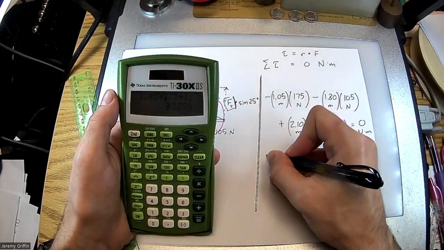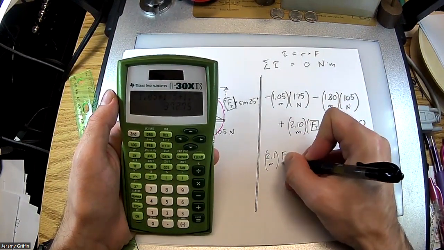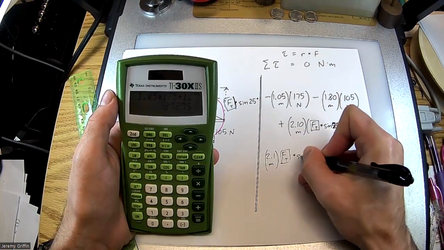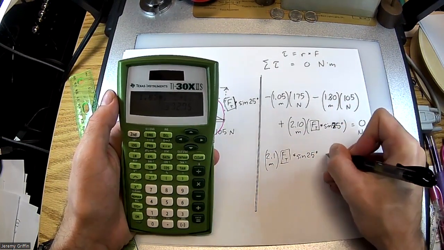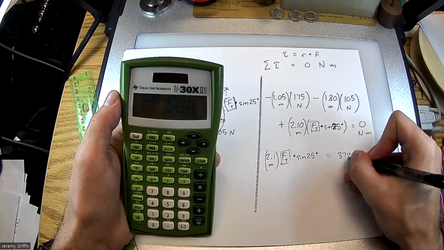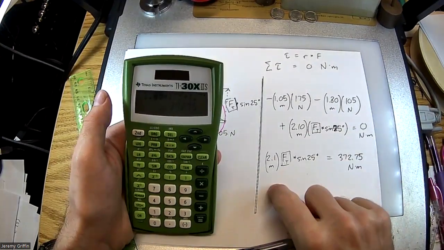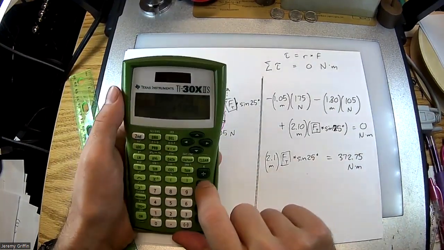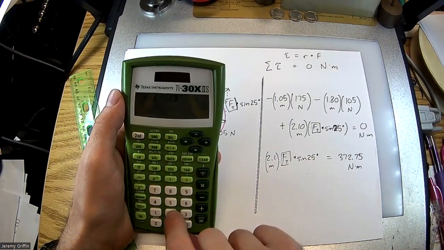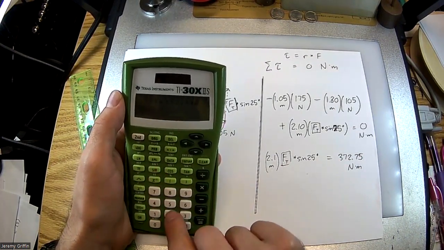So 2.1 meters Ft sine 25 degrees equals, and this comes out to 372.75 Newton meters. Then I'll divide this down and divide this down. So take that, divide by 2.1, and then sine 25 degrees.